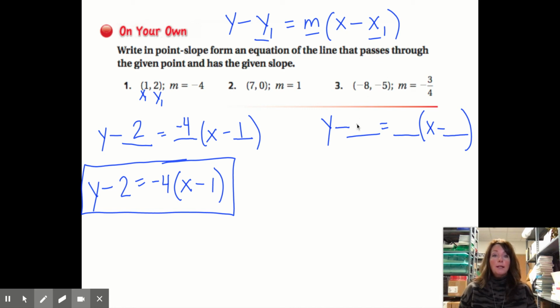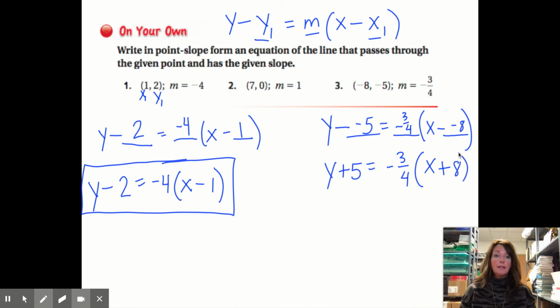So y1 is a negative 5. The slope is a negative 3/4, and x1 is a negative 8. Now we have a few things to simplify here and clean up. So we would change this to y plus 5 is equal to a negative 3/4 times the quantity x plus 8. And there's our point slope form.